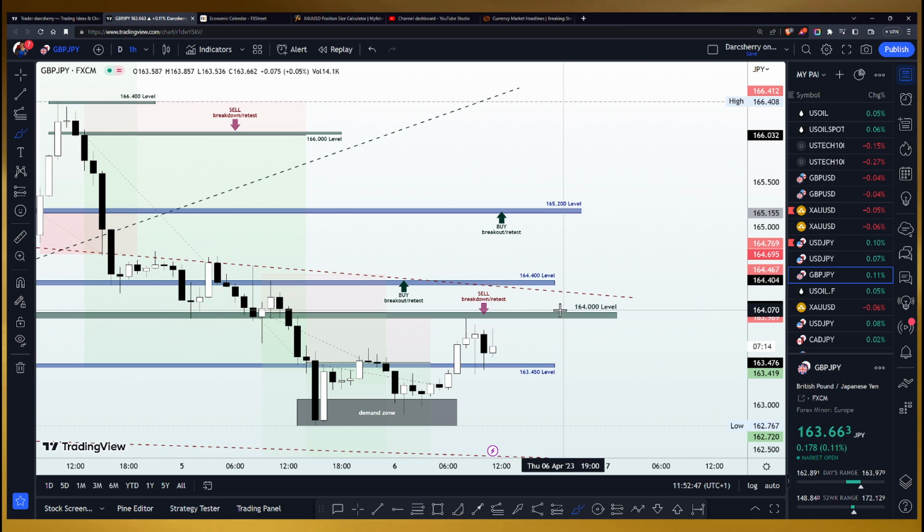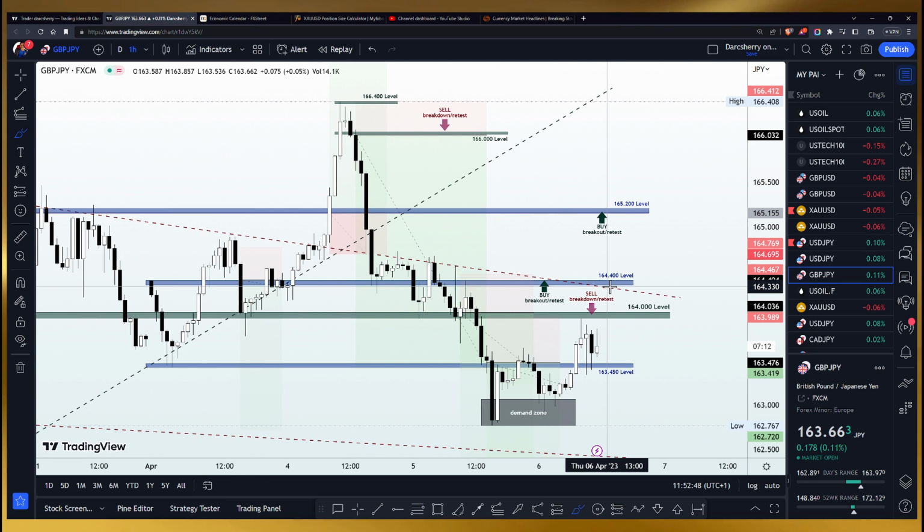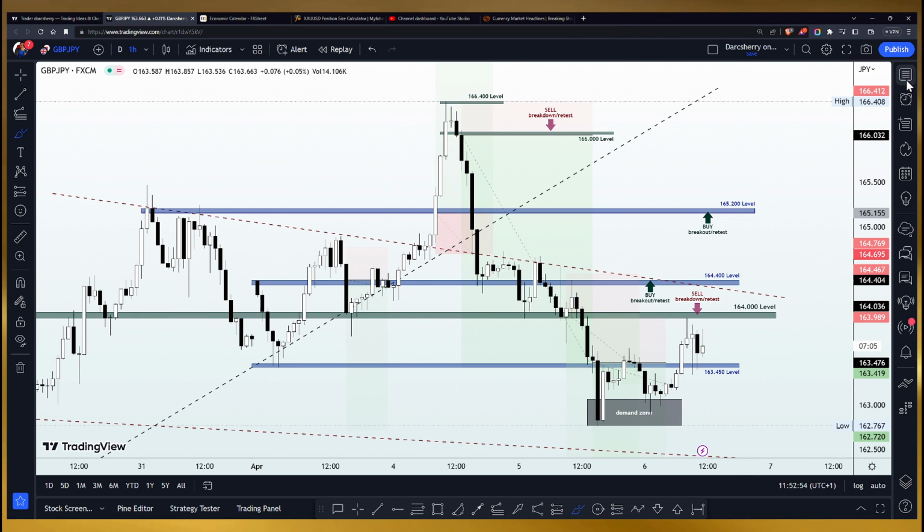All right, so on the GBPJPY, since the beginning of the week, we have been quite profitable on this pair. At one point in time, we took advantage of a buy position on Tuesday after seeing the breakout of that resistance line we identified at the beginning of the week.